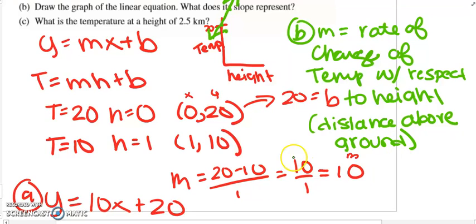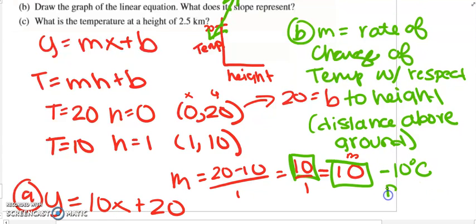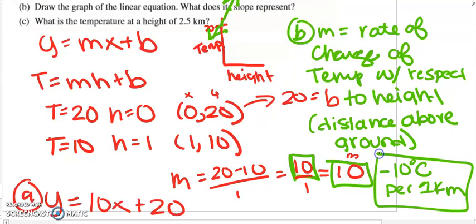What this told us, the slope being 10, was that it decreases 10 degrees Celsius. So it drops 10 per every 1 kilometer in height. That kind of tells us our ratio. It's a rate of change, right? It's a ratio. It drops 10 degrees Celsius per every 1 kilometer.